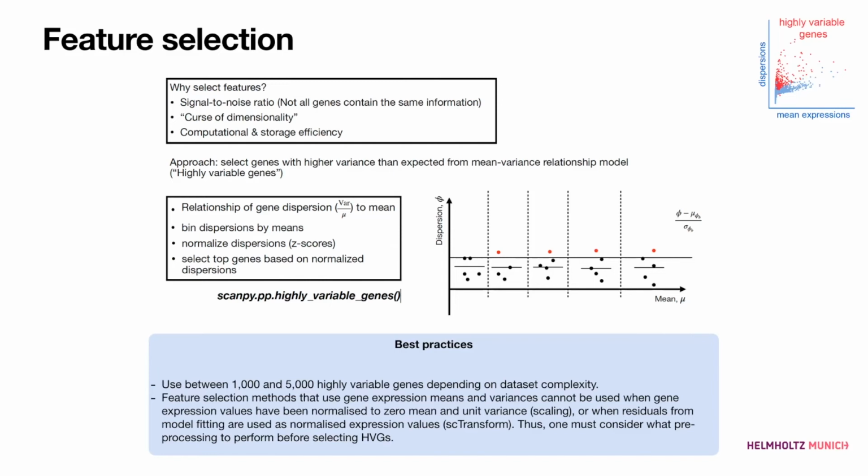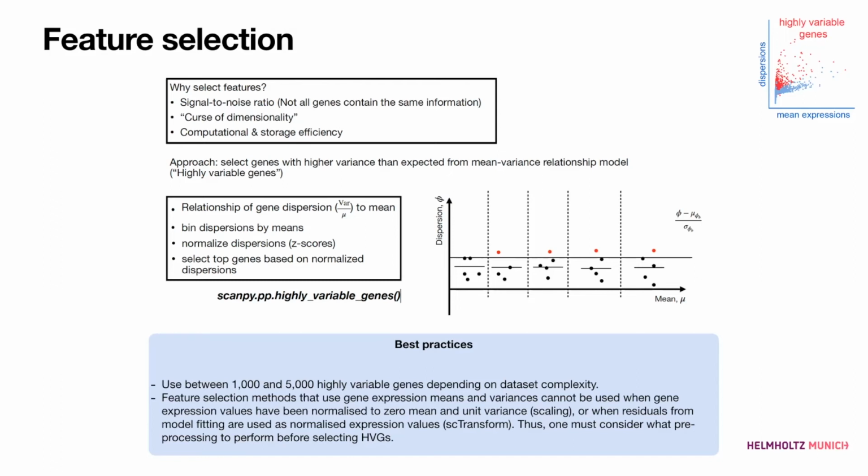One is that different features might have a different signal to noise ratio. So some genes might not contain much information at all. And if you use, let's say, 20,000 features, which is an average number of genes in your experiment, that is a lot of features, and you may not have so many cells.